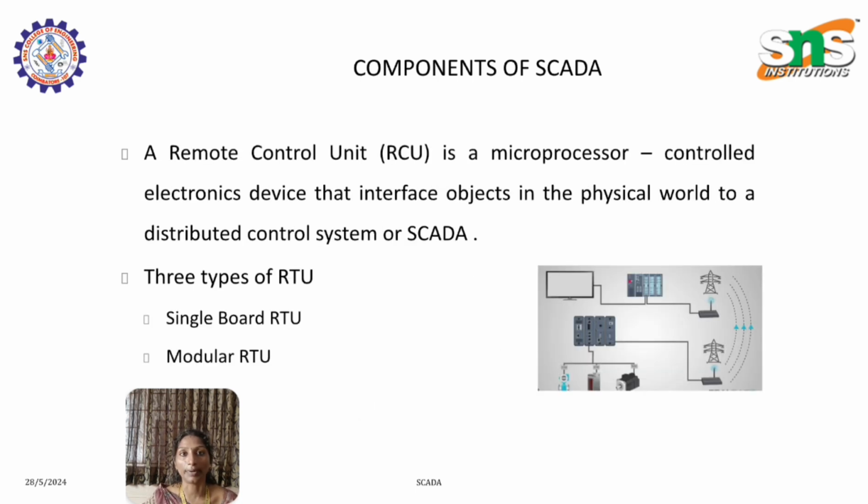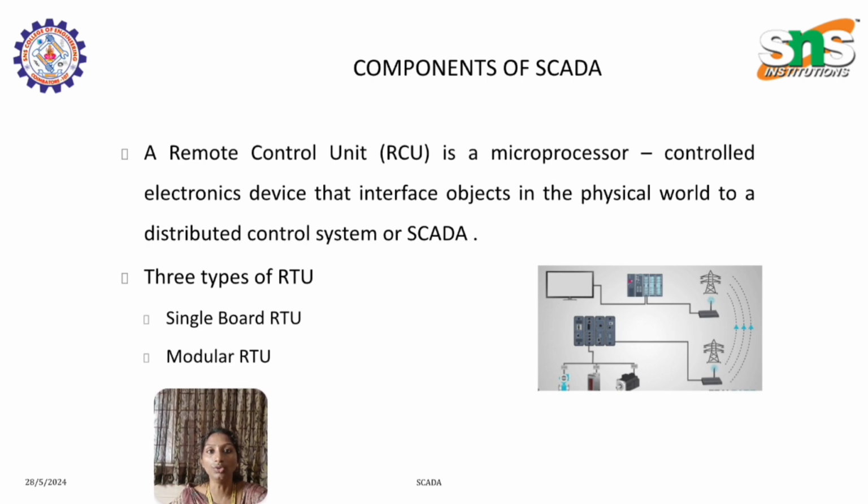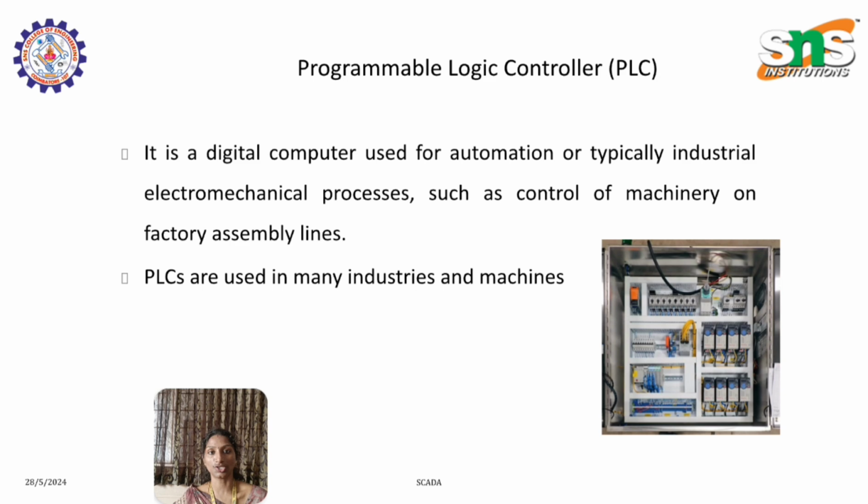Coming to the next component, it is the remote terminal unit, RTU, which is a microprocessor controlled electronic device. It is a controller that interfaces objects in the physical world to a distributed control system or SCADA. RTUs come in types such as single board RTU and modular RTU. The next component is the programmable logic controller.